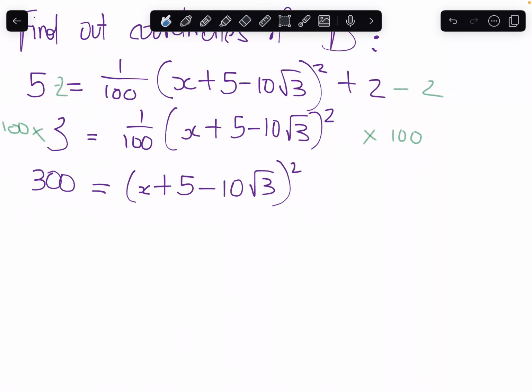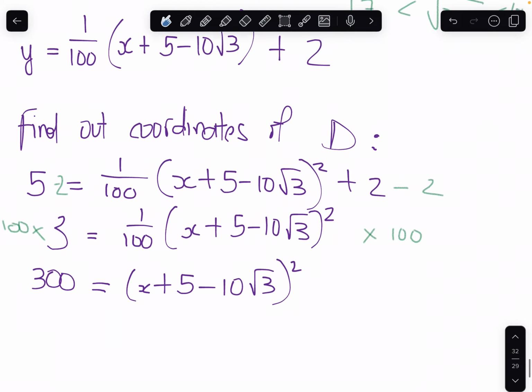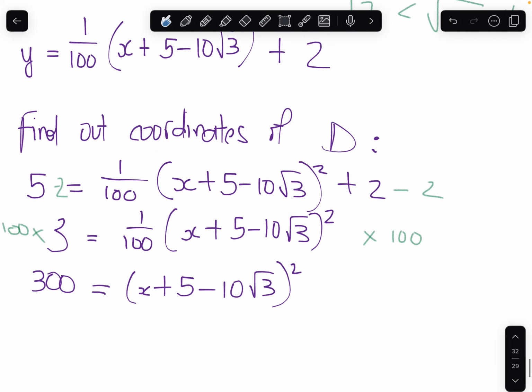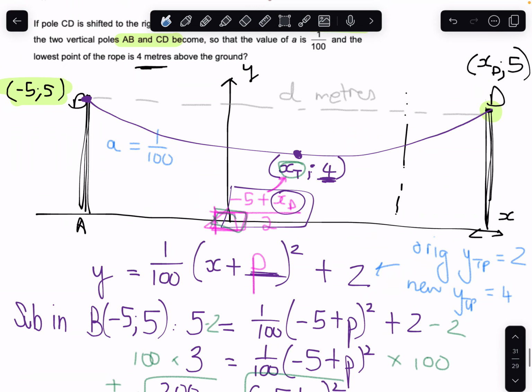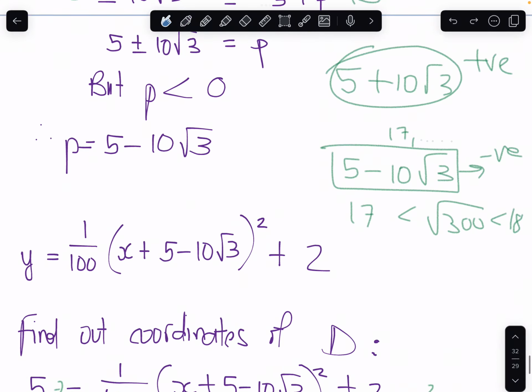Oh, actually, we don't have to go through all of this, because the equation gives us the x coordinate of the turning point, so we could then figure out this distance, which would then give us this distance as well. But anyway, let's commit to the cause.